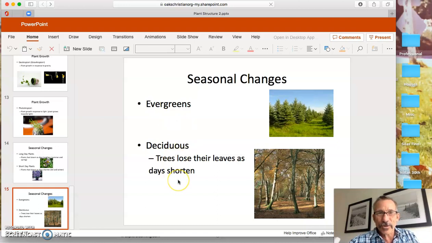And then not so much around here, but in our country, mostly in the back east and the Midwest, we have deciduous forests, or entire forests. As the days get shorter, the trees will lose their leaves. There's a signal, again, those gibberellins, those chemicals, will tell the tree that the amount of daylight per each day is no longer sufficient to keep that tree alive, and so they start to lose their leaves.